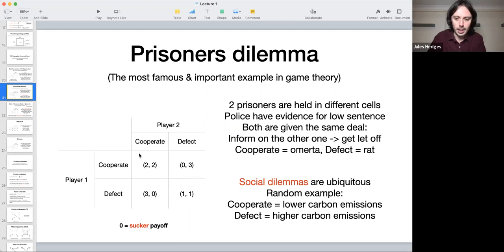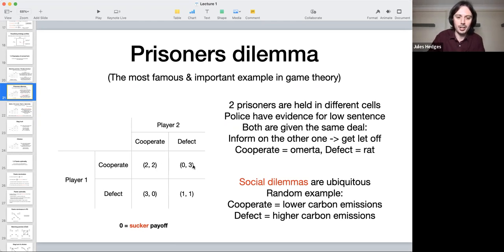So if both of them stay silent, then both of them get low sentences. So here, payoffs higher is better. So we think of low payoff as getting a long prison sentence, and high payoff. The highest payoff here is 3, which is you get let off.